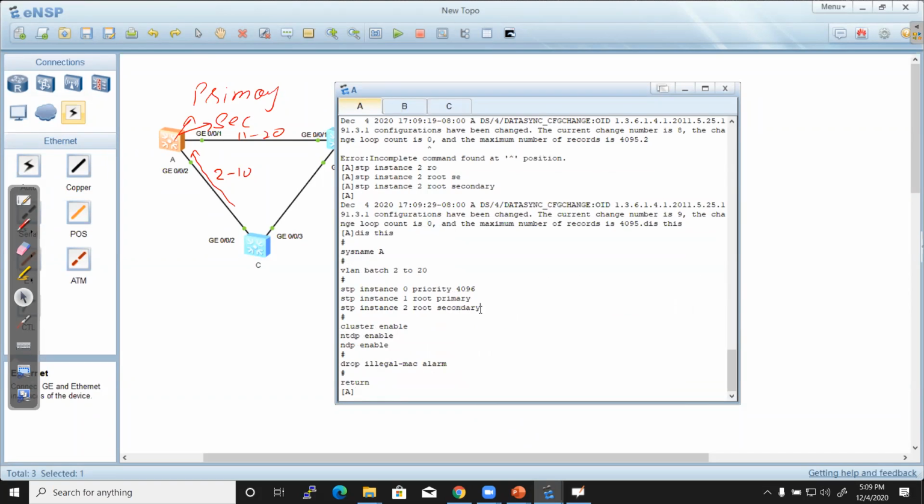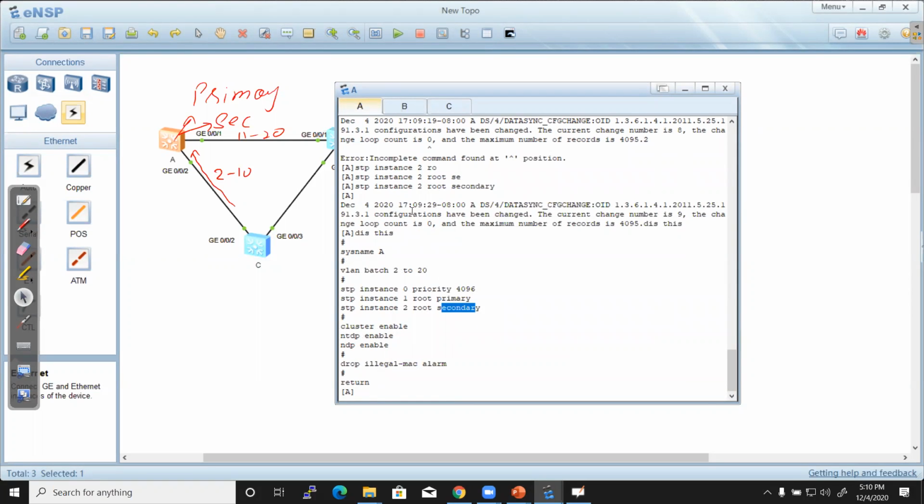These commands. STP instance 1, I'm calling instance 1, and when I call instance 1, that means we are calling VLAN 2 to 10, and for them I'm saying switch A to be a root primary, and for instance 2, that means for VLAN 11 to 20, be a secondary root bridge.